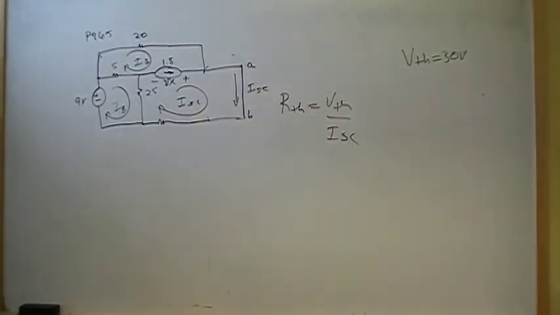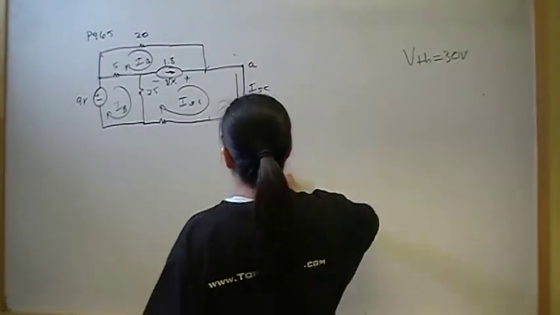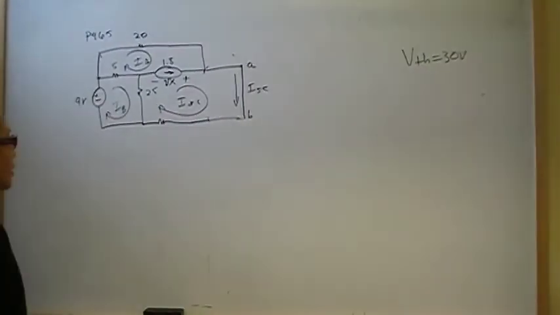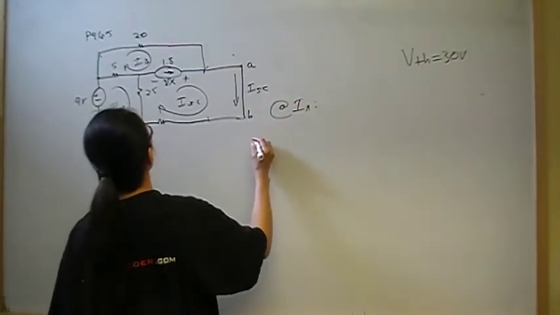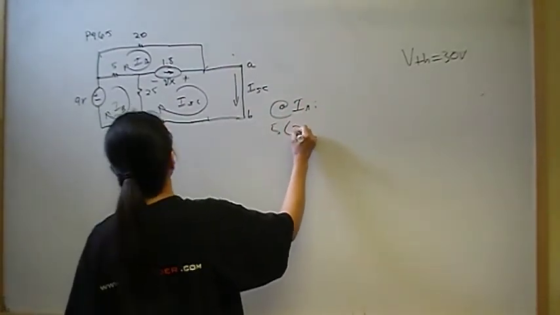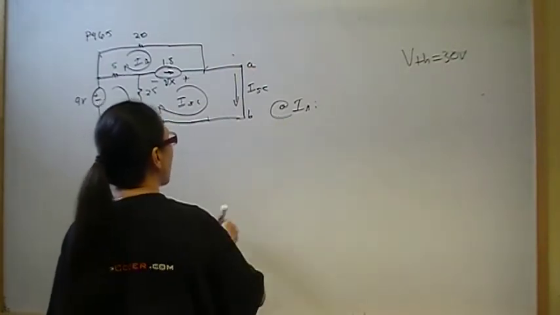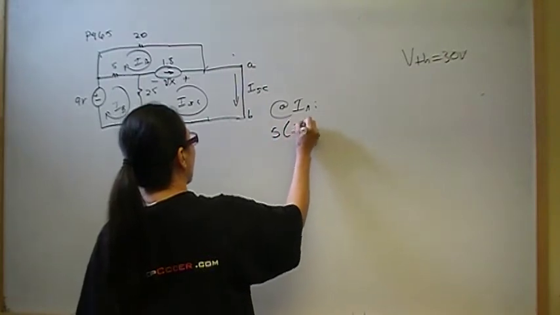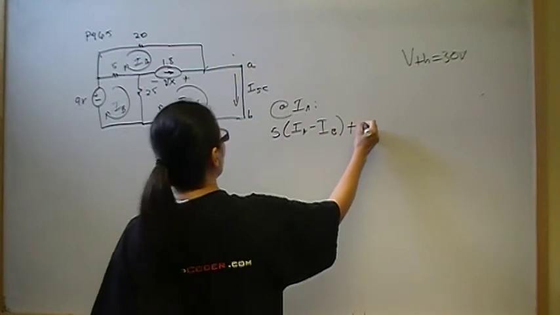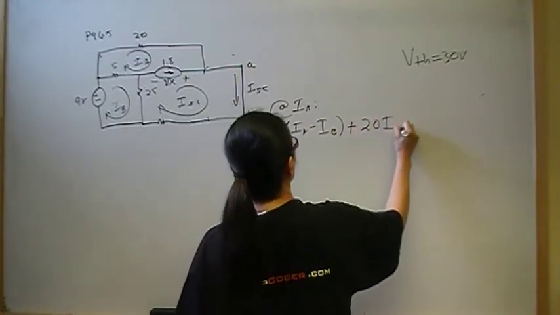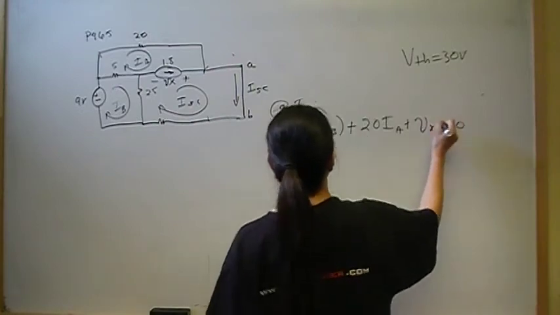Okay? So let's rewrite our mesh equations now that the 60 ohm resistor is no longer a factor. So mesh at IA is going to be 5 times IA, so we have 5 times IA minus IB plus 20 IA, and then plus Vx, that's equal to 0.